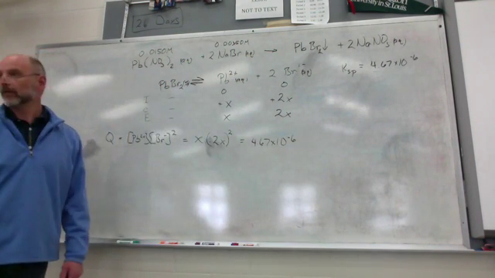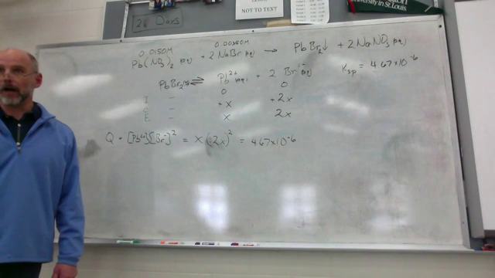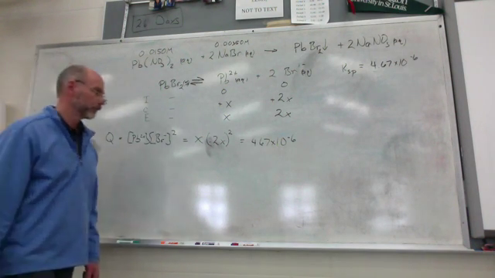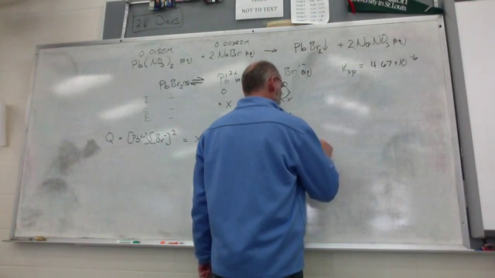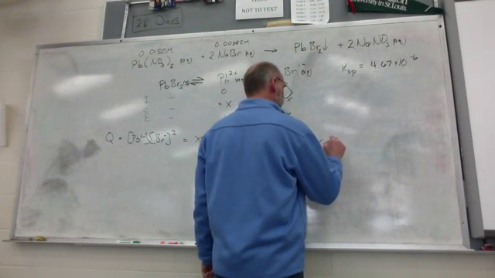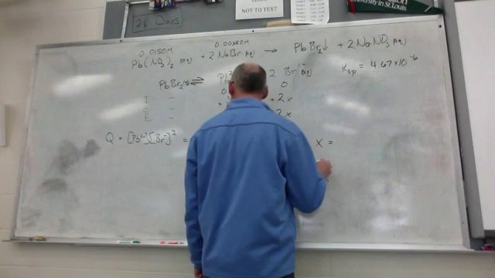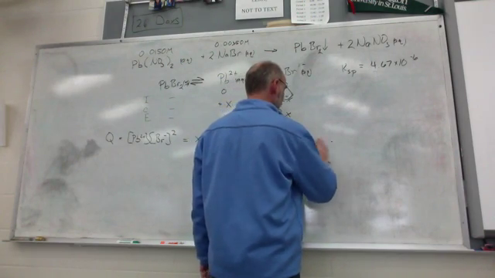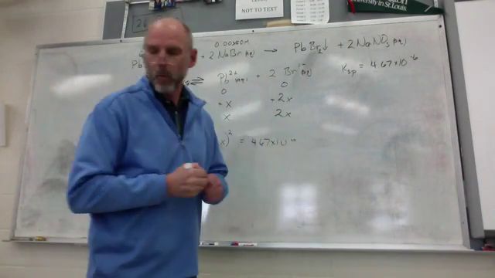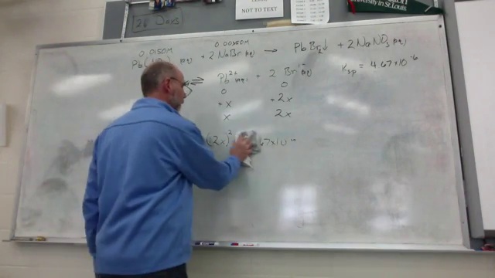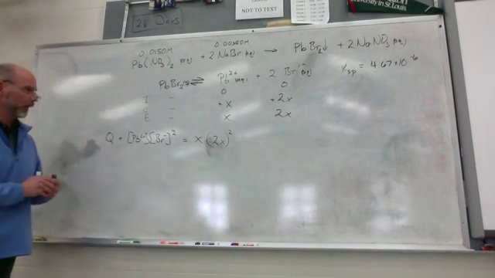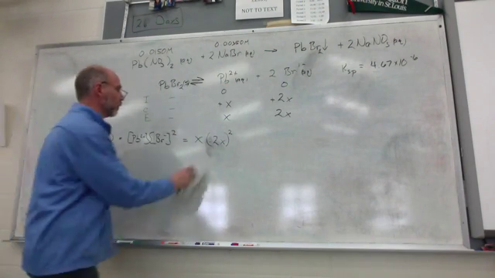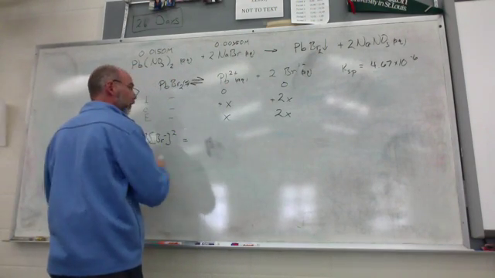So eventually it becomes a 4x cubed problem, right? Or sorry about that, we're solving for Q, my bad, I should have done that. So we're actually going to plug in our values.